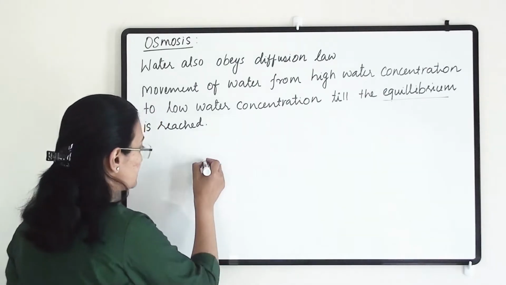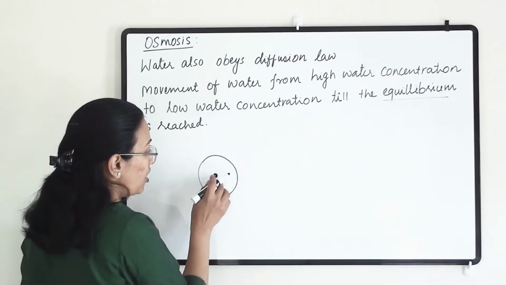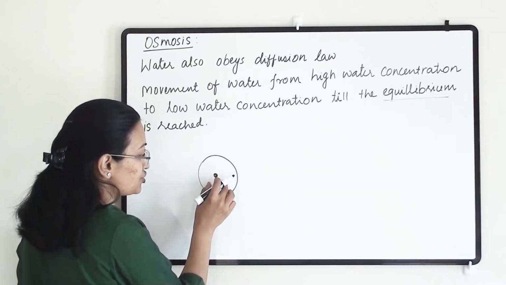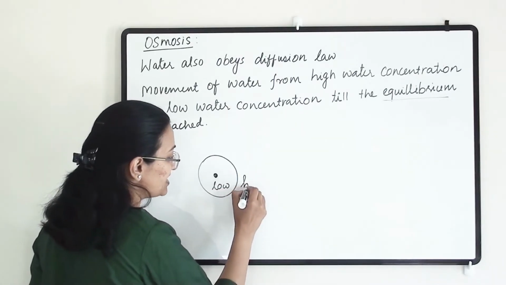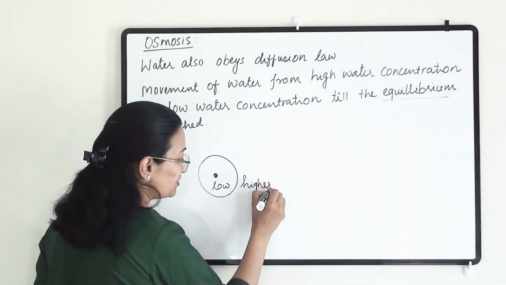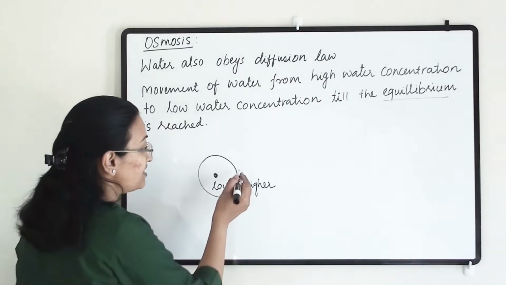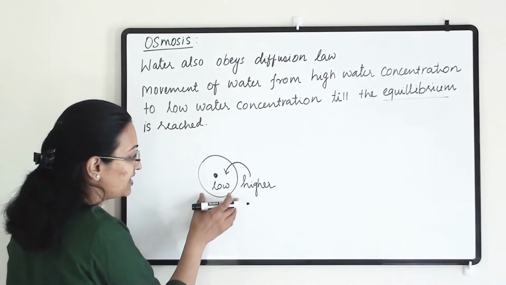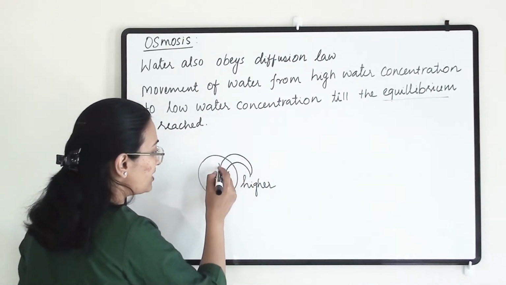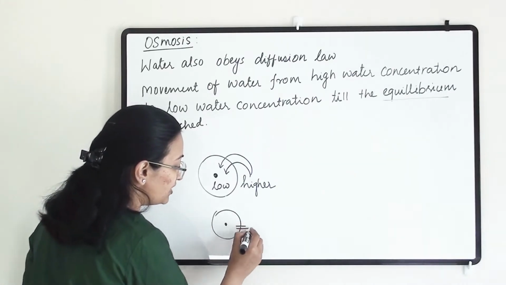Now let us see this: this is a cell, and this is a nucleus here. The concentration of water inside the cell is low, whereas outside it's higher. So as per the law of osmosis and diffusion, water will move from higher concentration to low concentration, and this will keep on happening until the concentration at both sides becomes equal.